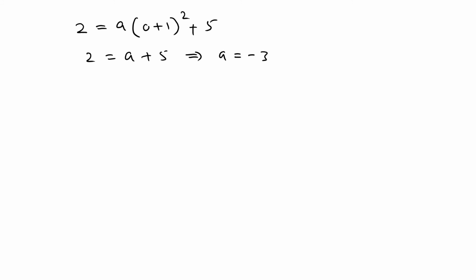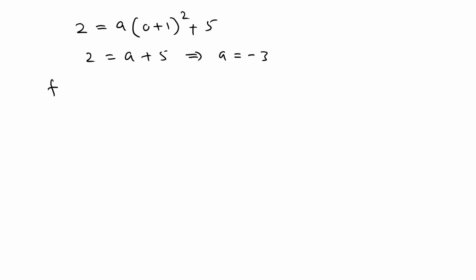We have 2 equals a times (0 plus 1) squared plus 5. Why 0? Because of the y-intercept. Since 1 squared is 1, this says 2 equals a plus 5, which gives a equal to -3. So that's the a value.